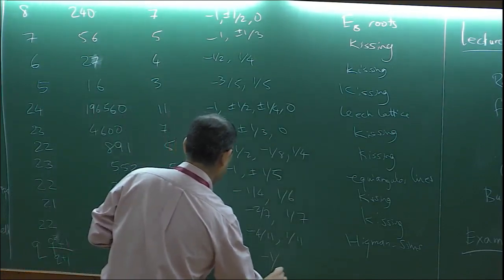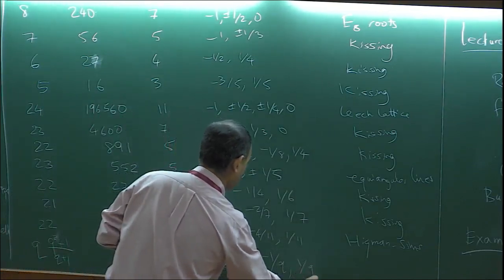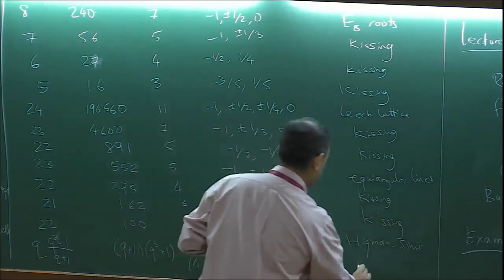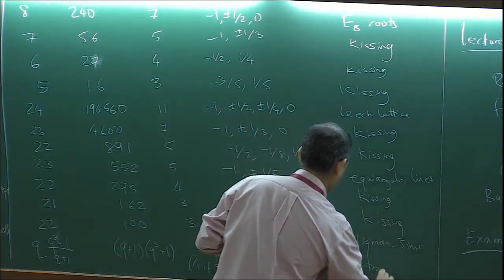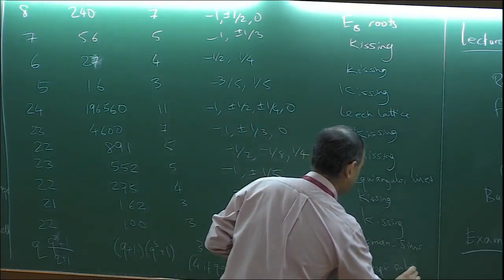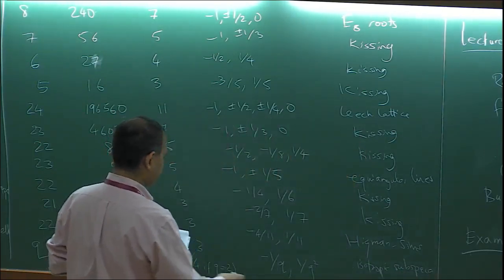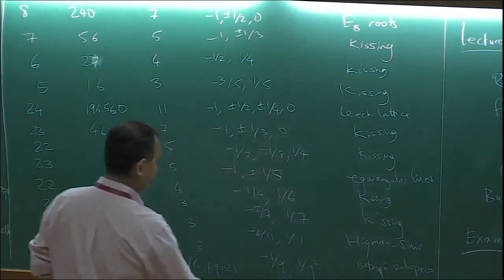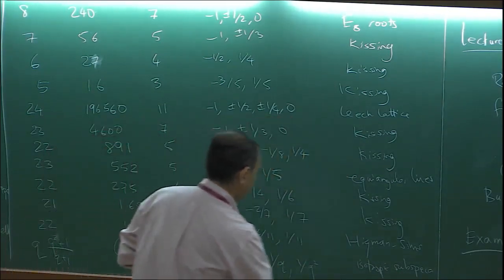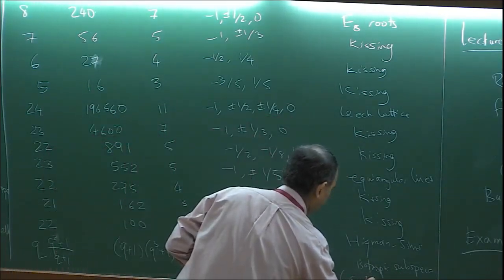And the inner products are minus 1 over q and 1 over q squared. These are isotropic subspaces, the number of isotropic subspaces in some 6-dimensional space. Q is a prime power.